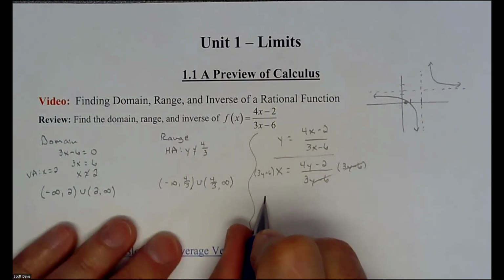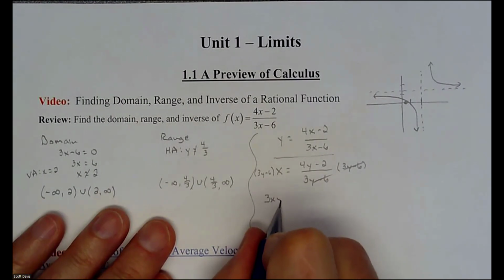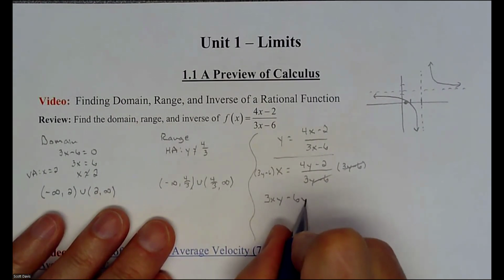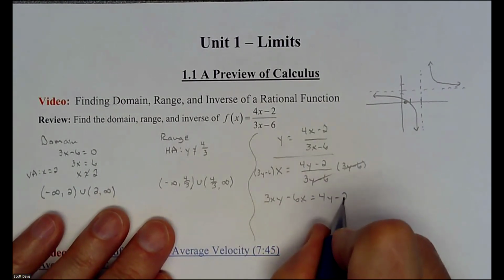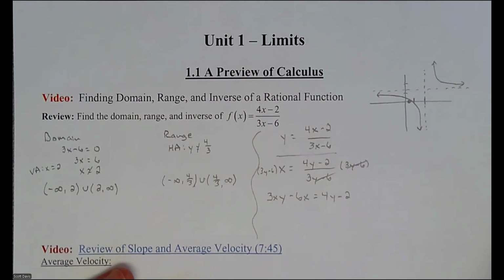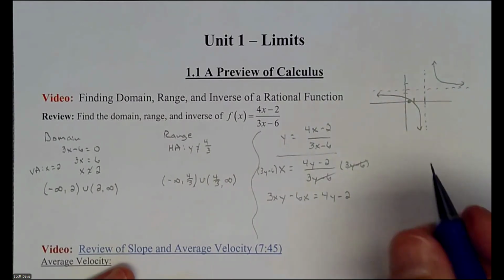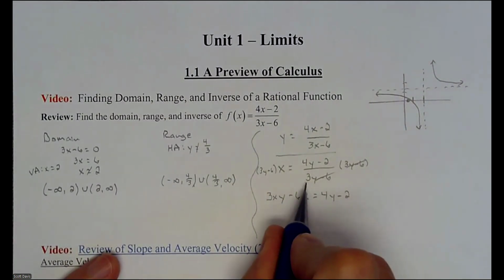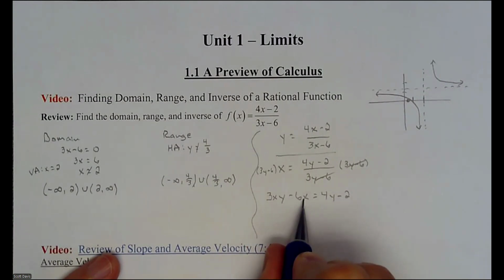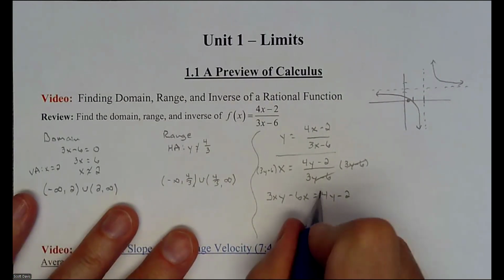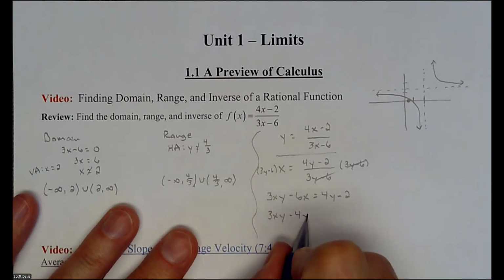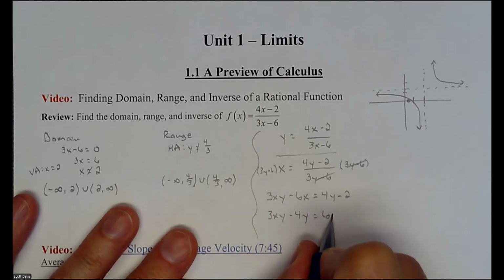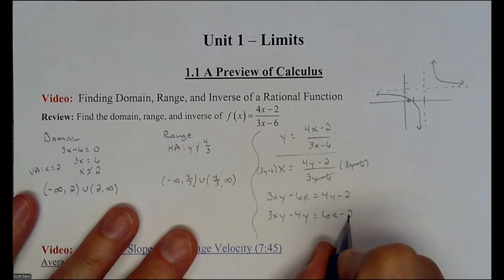If I distribute that, we're looking at 3xy minus 6x equals 4y minus 2. Let's get the y's on the same side, and anything without a y on the other side. We subtract the 4y over to this side, and add the 6x over to the other side. So we have 3xy minus 4y equals 6x minus 2.